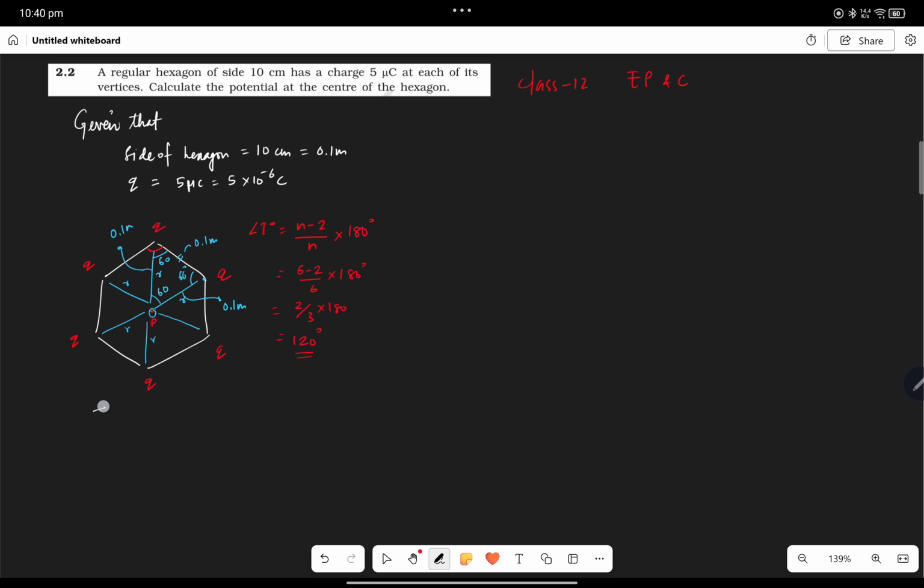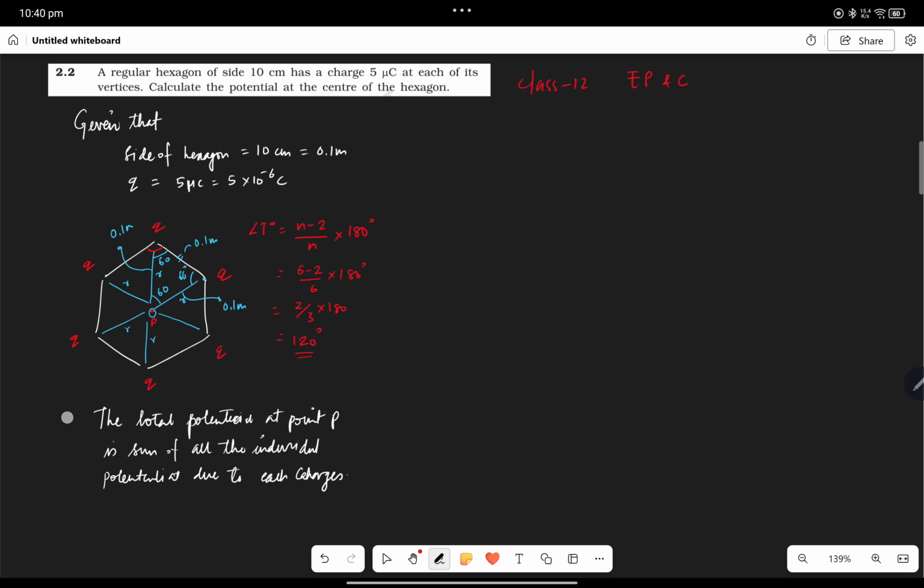What is the concept? The total potential at point P is the sum of all the individual potentials due to each charge, right?